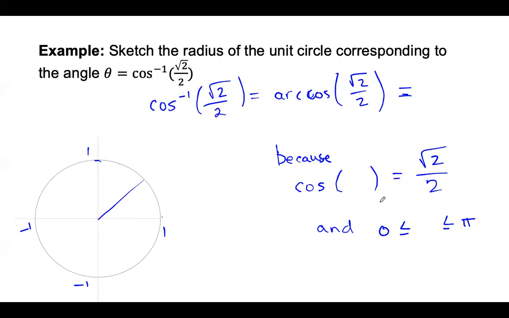Do we know what angle this is? Yes, right, 45 degrees. So that is pi divided by 4. Now I'm just filling it in. That would be sketching the radius of this unit circle corresponding to this particular angle.